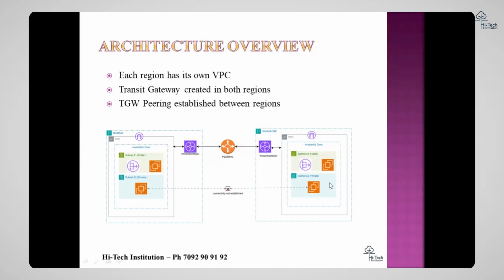I ensured proper peering was established between the two transit gateways. By the end of the setup, I expected this EC2 instance to ping the other EC2 instance across the two regions, Mumbai to Singapore, which is not working as expected. This is the problem scenario.